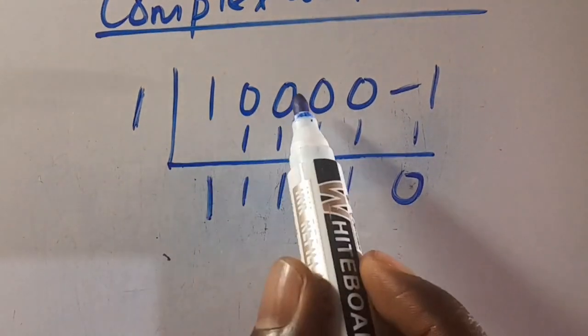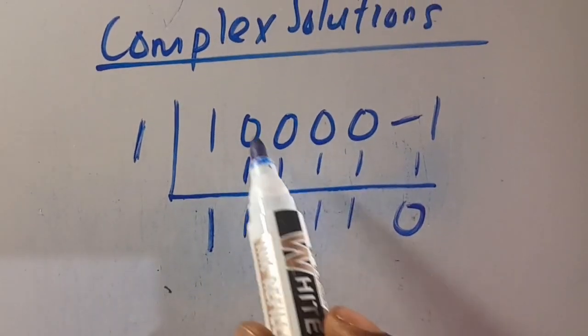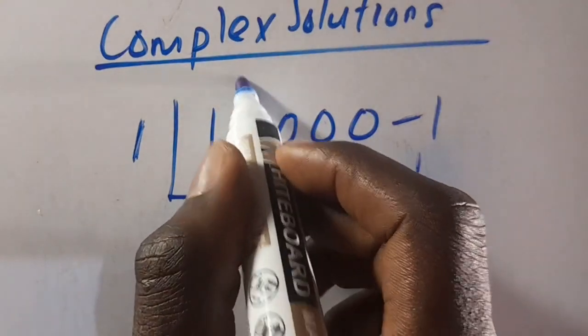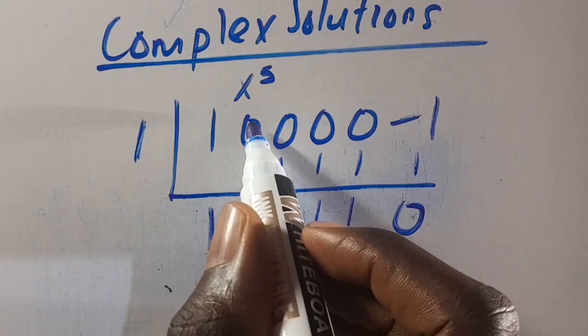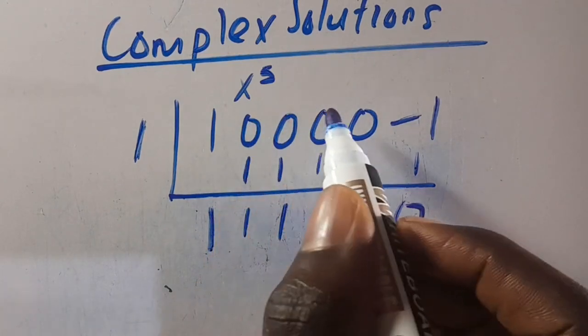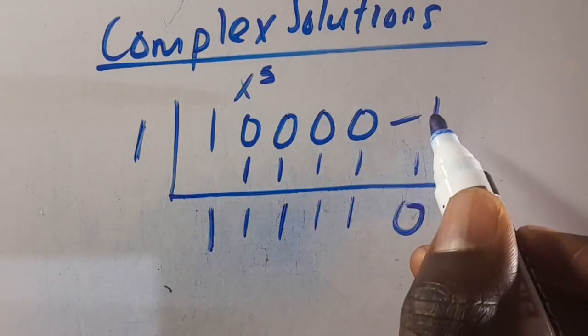So all these are the coefficients: this one is the coefficient of x to the power of 5, this one is the coefficient of x to the power of 4, x to the power of 3, x to the power of 2, x, and the constant.